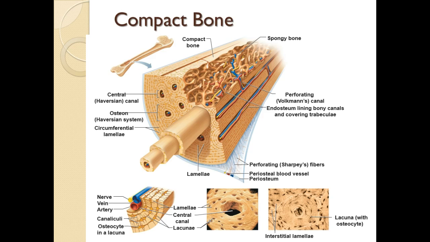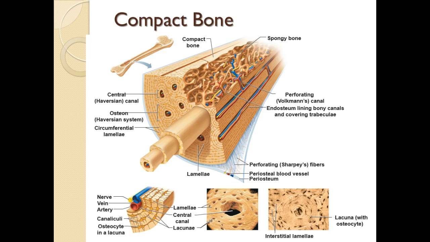So those are the components that make up osteon. So one more time, osteons are units of compact bone. They're made up of concentric rings of bone called lamella.